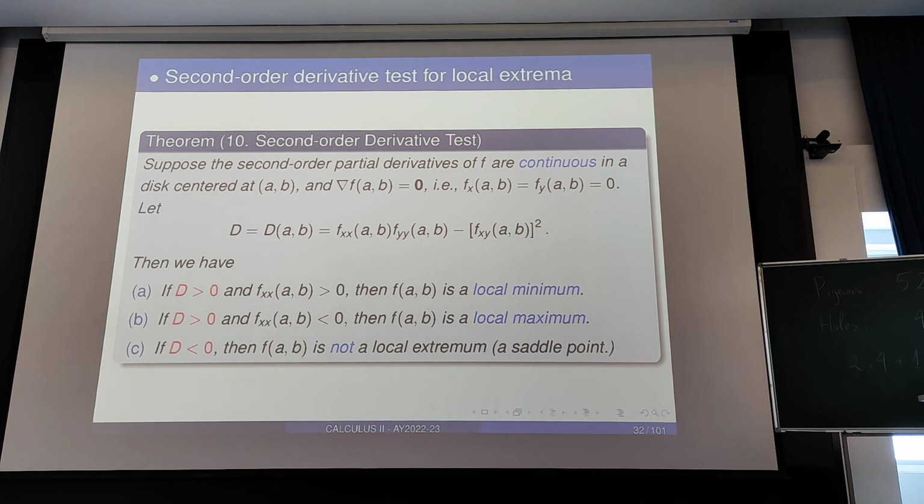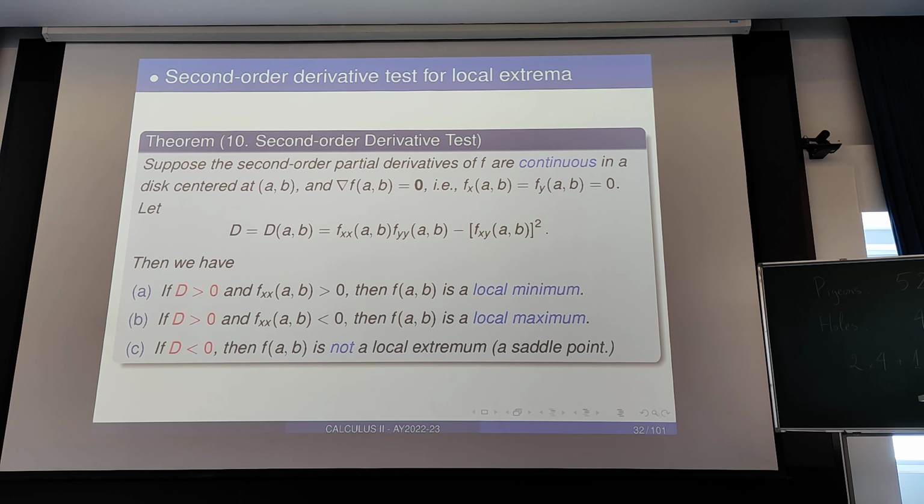You know from the last lecture, when a stationary point is not a local extremum point, then it is called a saddle point.